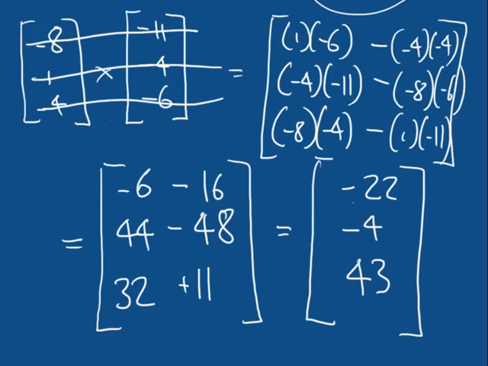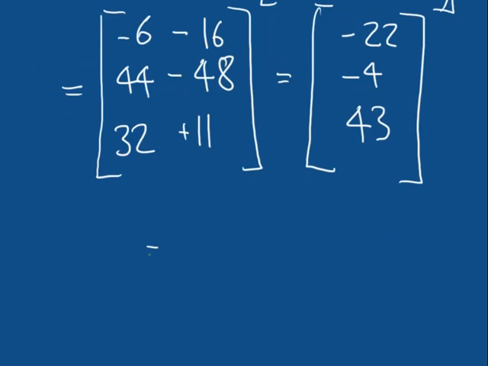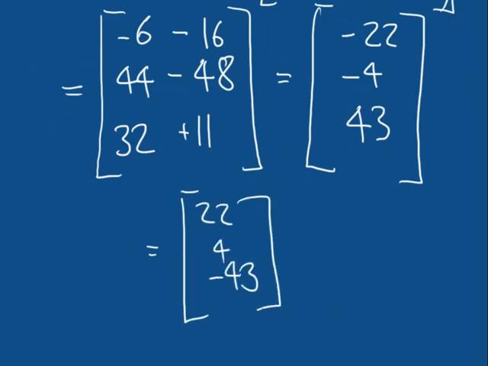Now again, based on how you define the vectors involved in that cross product, you may have ended up with a vector in the opposite direction, so 22, 4, minus 43. You should have ended up with one of these two vectors, or you may have ended up with a vector with a different length, of course, if you were using different vectors to define this.